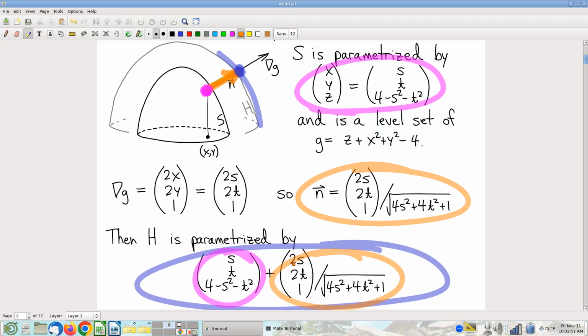I don't know how else I would go about even figuring out, can I view this dark blue surface as being a graph of something? I mean, in theory, it passes the vertical line test. I don't know how I would go about figuring out what that function is whose graph we're looking at. But parameterizing with vectors works out nicely.